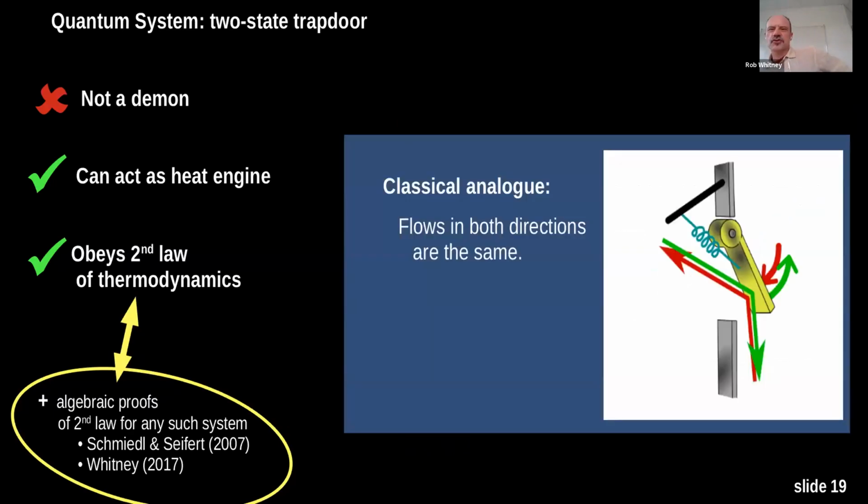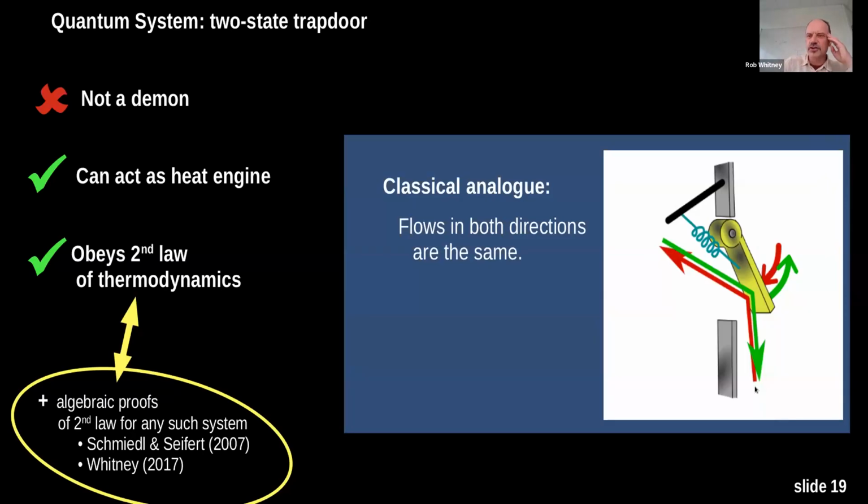And now, just to conclude, I'll come to the way to see in an intuitive way that this system doesn't violate the second law. So let's go back to this classical trapdoor. I think the right way to see it is to think about a process and its exact time reverse. For every process like the green arrow here, there is another process like the red arrow here.